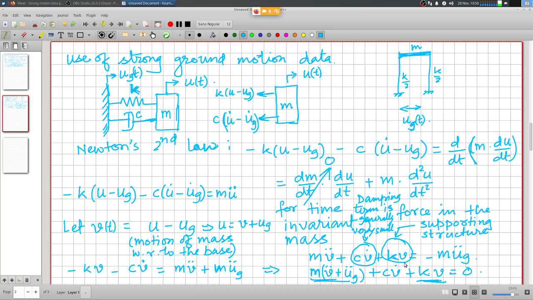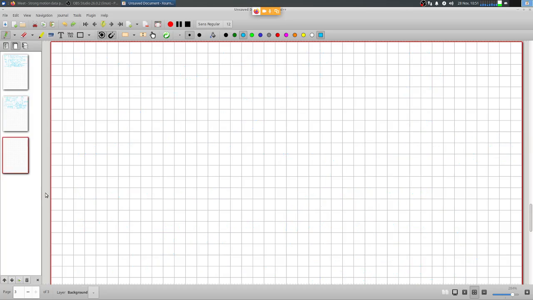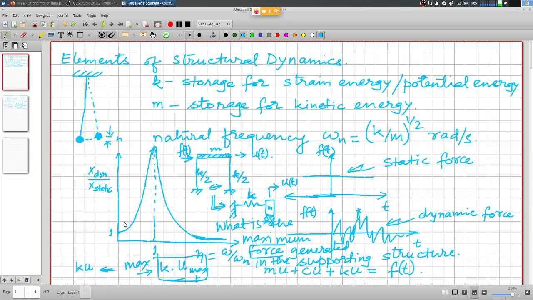Now as you can see, this is governed by the equation of motion, and this is obviously going to be sensitive to the natural frequencies of the oscillator, as we discussed here in this case.